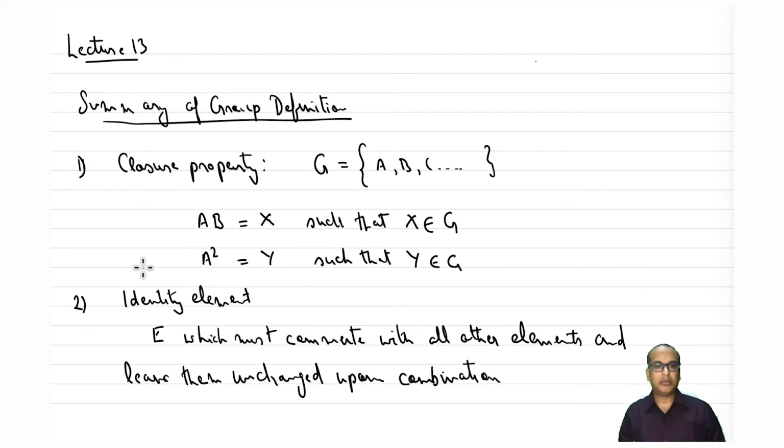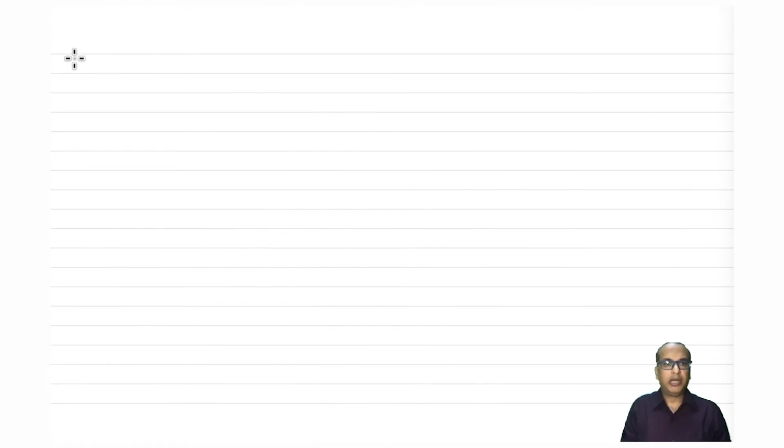Okay, so I'm just briefing you those properties again. Closure, identity. Third is group elements must follow associative law.